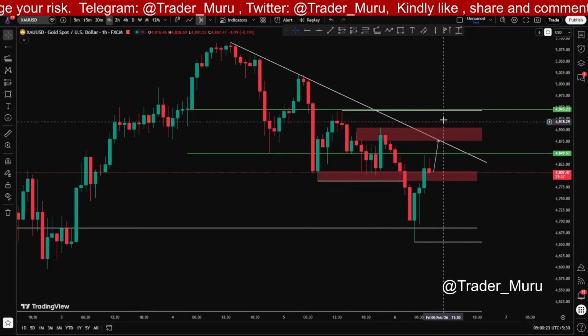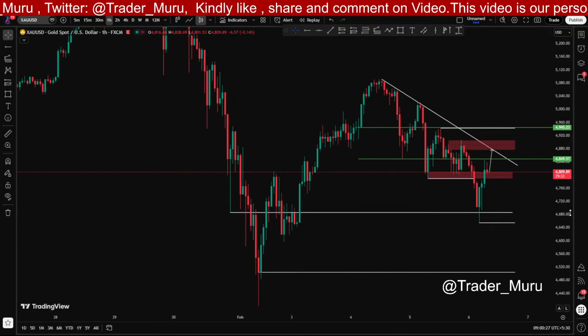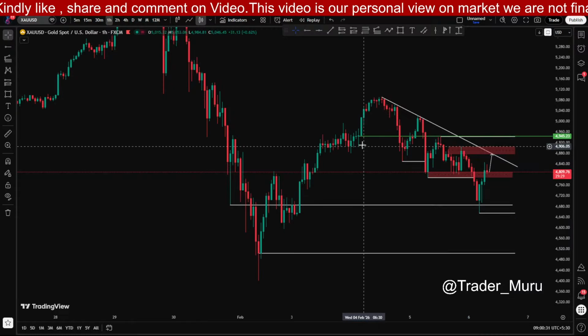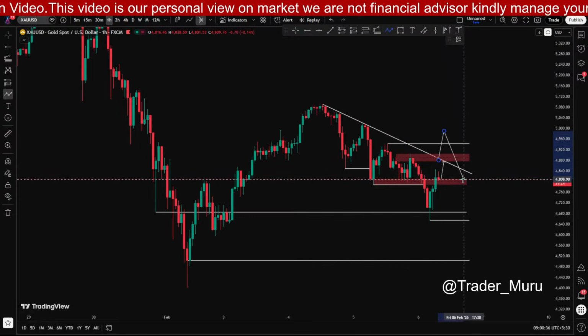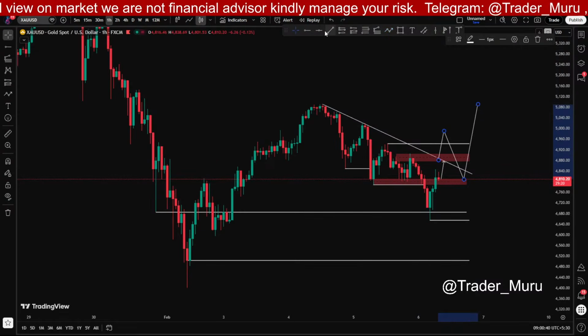So we will be watching for rejection from these two areas. After that, our target will be this low and then 4500, and if we get a structure change above this high, then you can buy on retest and the target will be this high.